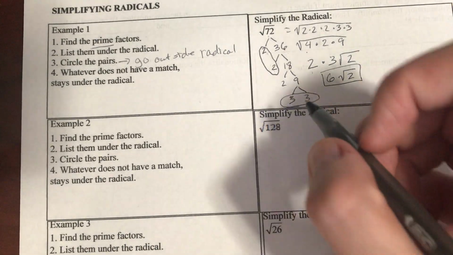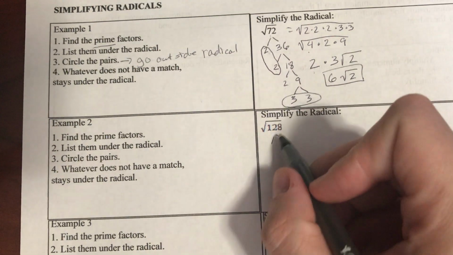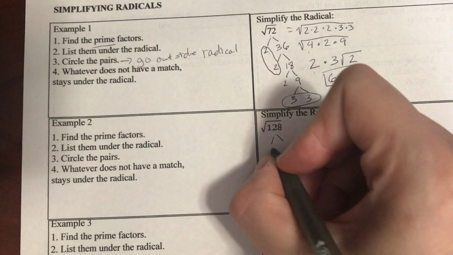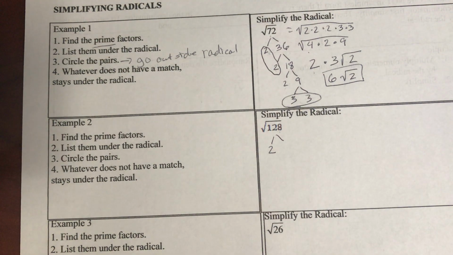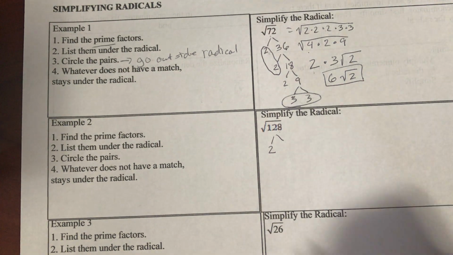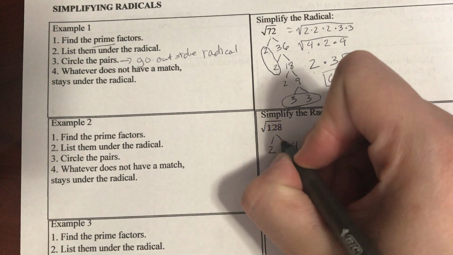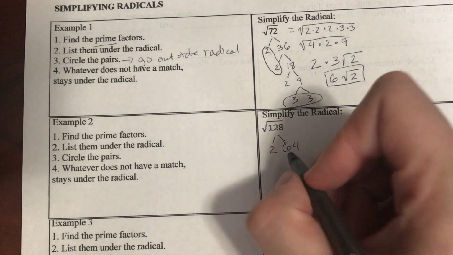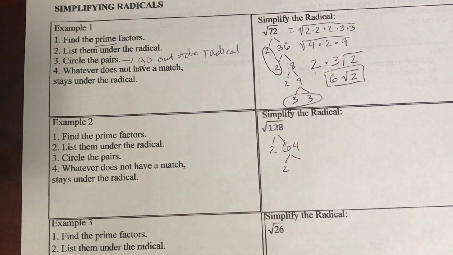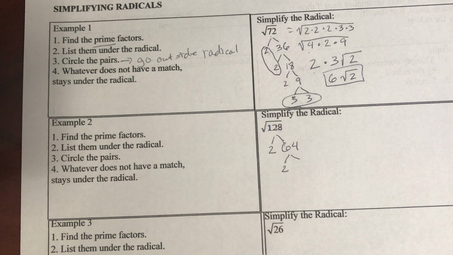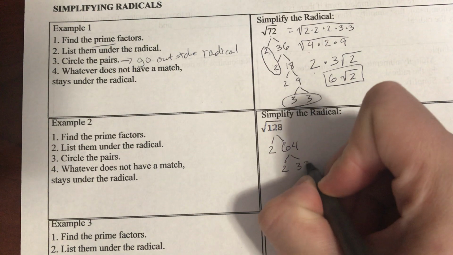All right, so again, we're going to list out our factors. We're going to start with 2. This is an even number, so we can assume it should be divisible by 2. So I'm going to do 128 divided by 2, and that's 64. Then this is an even number, so I'm going to keep dividing by 2. That's 32.